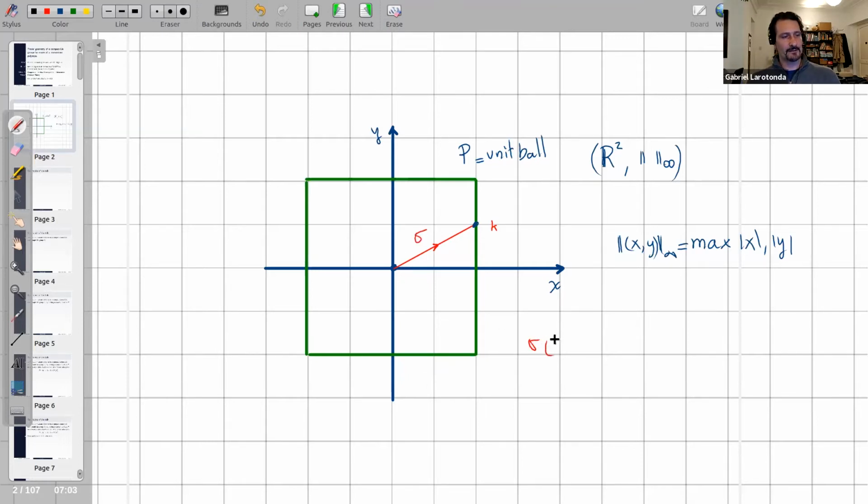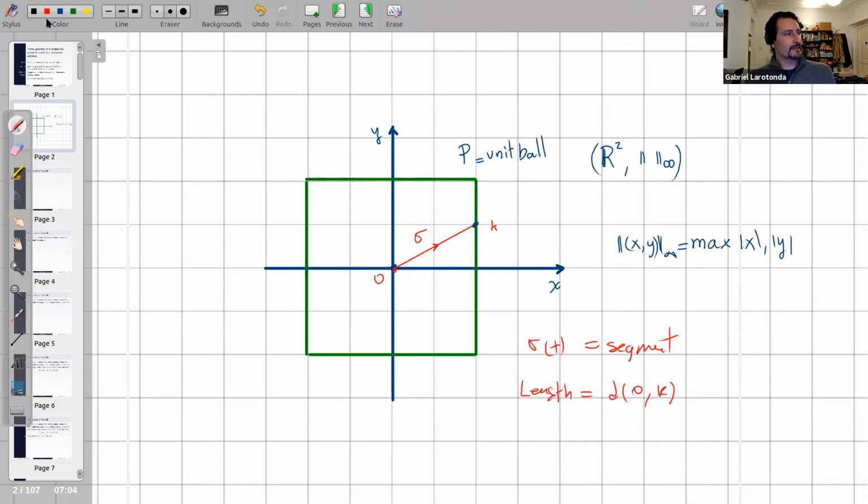You take sigma, the segment, and it has length equal to the distance between the endpoints, right? But hey, there are many other paths in R2 joining 0 and K with the same property.